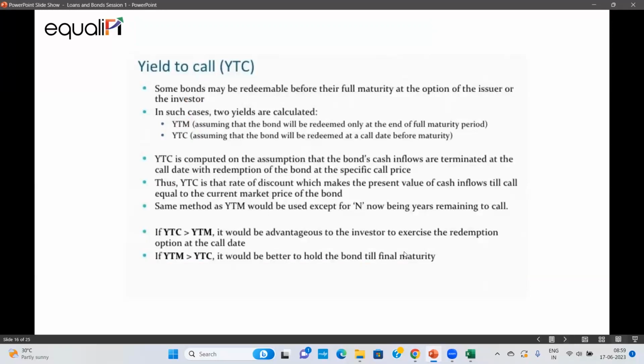So what I can do, I'll send this entire calculation properly to Equalify and they will share it with you. Somebody who has already done a correct calculation, it should ideally match, right? Let us not do it right now. We'll show you the entire calculation and send it to Equalify. You will get it.